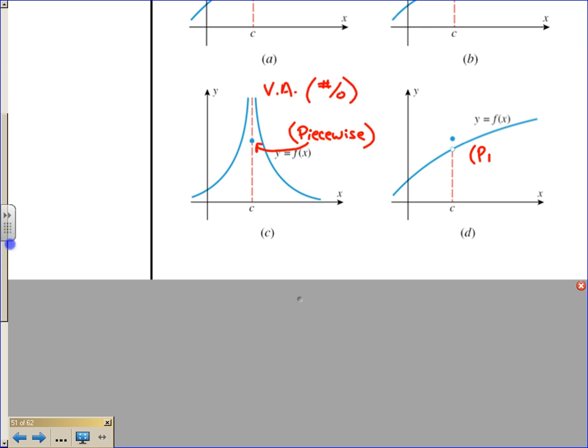Now, one of the directions you're going to be given either on APs for AP questions or in your homework is going to be, how can I make a piecewise to fill in that hole? That's going to be one of your directives. However, right now we're just looking graphically at how these all work out and what's going on. But when you see a piecewise function, and it says, hey, it's this function for all x not equal to c, and it's this random whatever for x equals c, this is what they're trying to do.